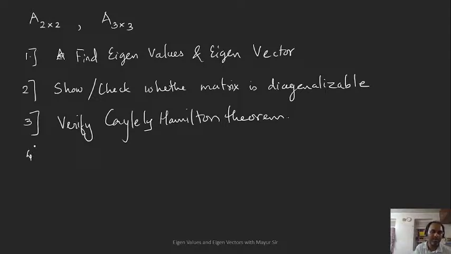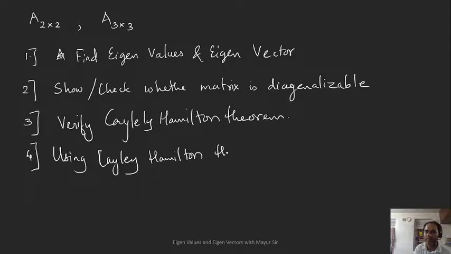The fourth thing they can ask you is, using the Cayley-Hamilton theorem, find A inverse or some expression.